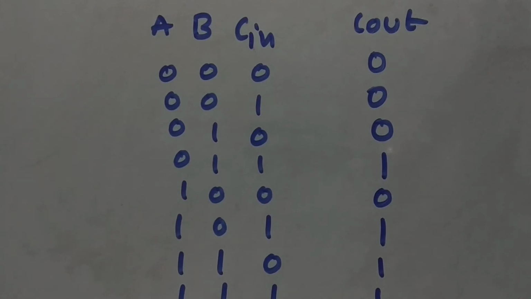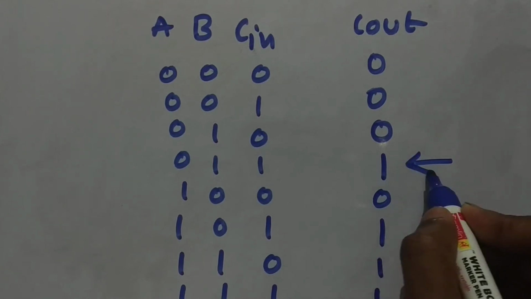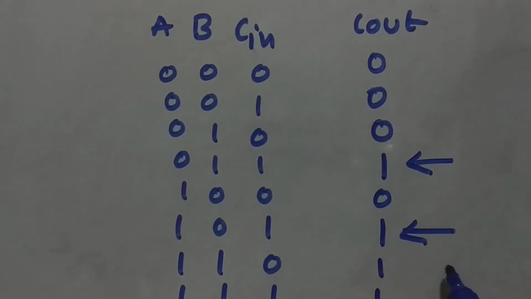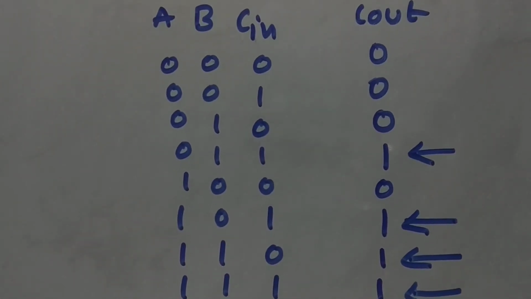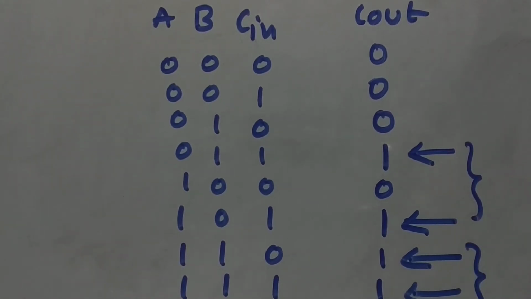To understand more clearly, I am using a truth table of a full adder without the sum. So whenever Cout is generated, let's have a look. Cout is generated over here and here and over here and over here. So these are the 4 conditions when Cout is being generated. Just take a look at this 2 and this 2 separately.